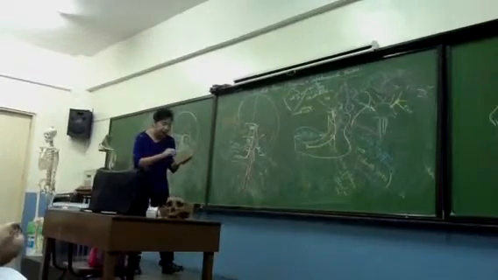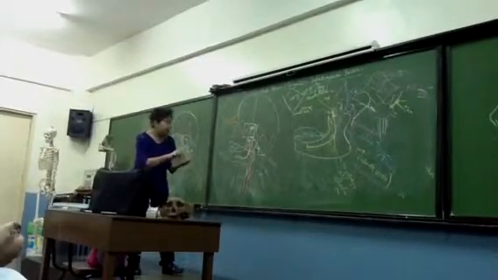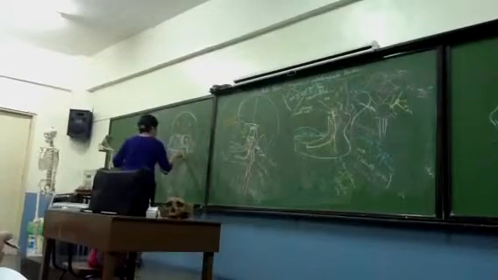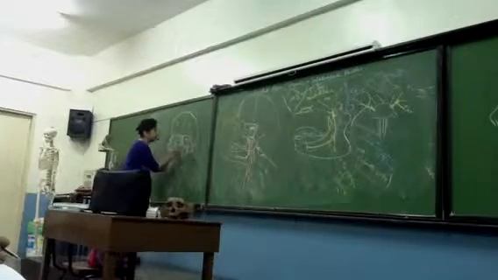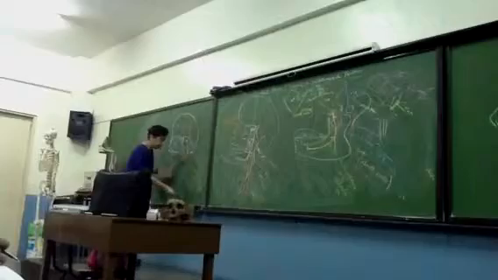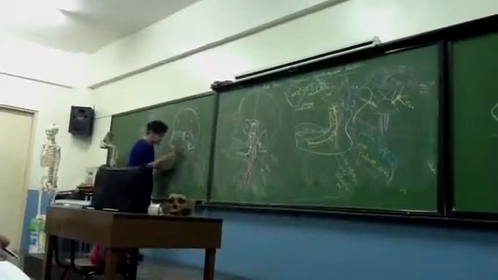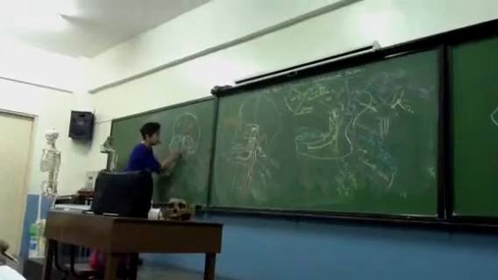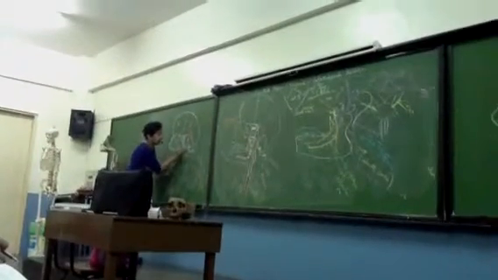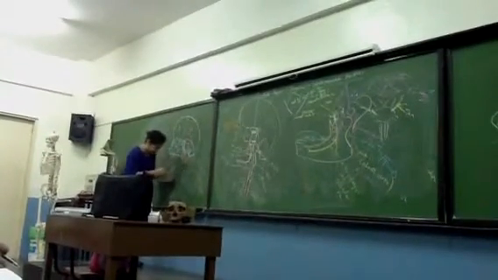And this will be accompanied by, what is this one here? This is the lateral pterygoid, right? You have the lateral pterygoid, and there will be veins around this.